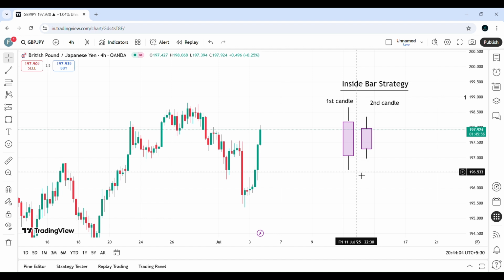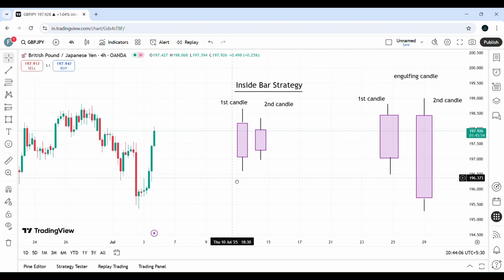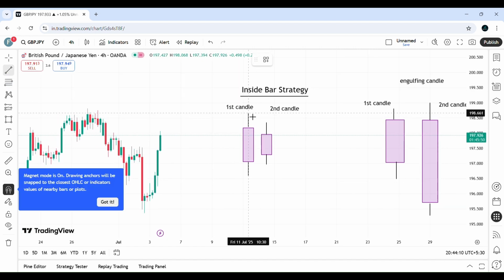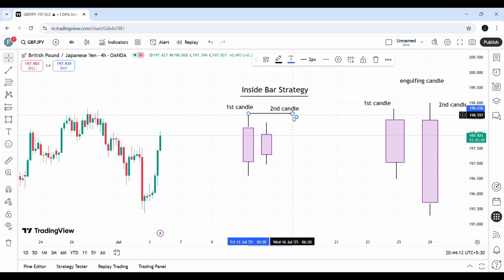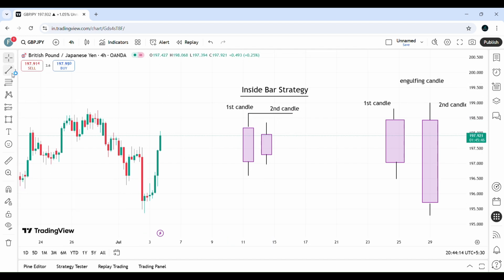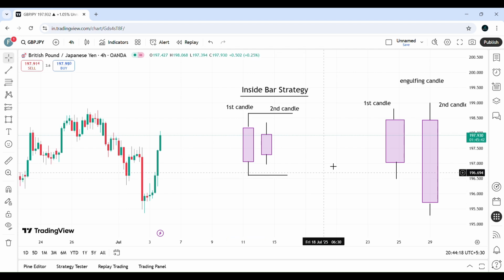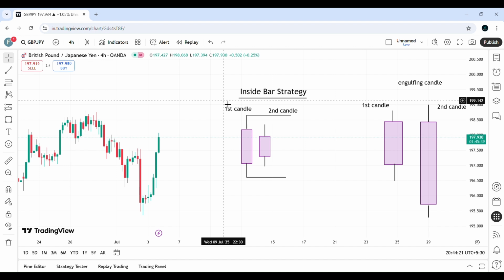And how you should enter is you set buy stops at the top and sell stops at the bottom. It's basically like a breakout strategy. You set your buy stops over here.